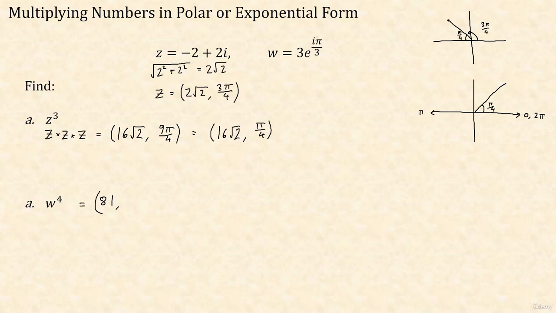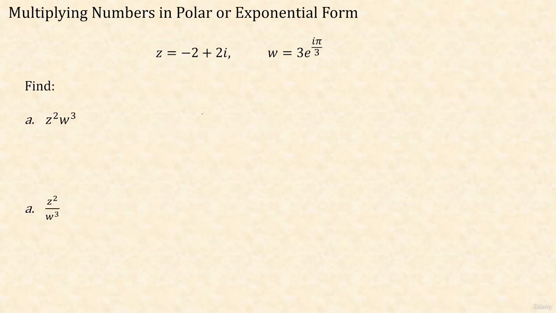So pi over 3 added up 4 times gets me 4i pi over 3. Now that's not between the usual range of minus pi and pi, so I'm just going to subtract 2 pi from that. And when I subtract 2 pi from that, I get 81 and then minus 2i pi over 3. Now, since the question here was given in exponential form, we might give our answer in exponential form, 81 e to the minus 2i pi over 3.